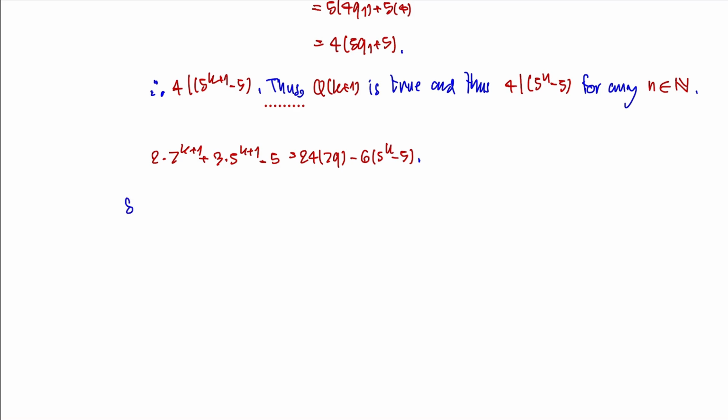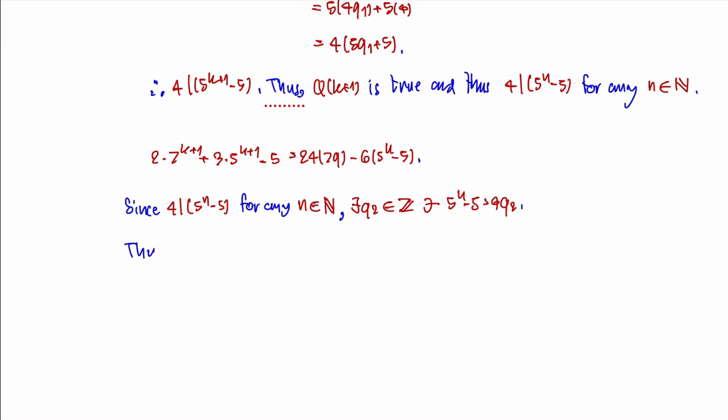Okay, so since 4 divides 5 to the n minus 5 for any positive integer n, so there exists q2, which is an integer, such that 5 to the k minus 5 equals 4q2. Okay, so this is what we have right here.